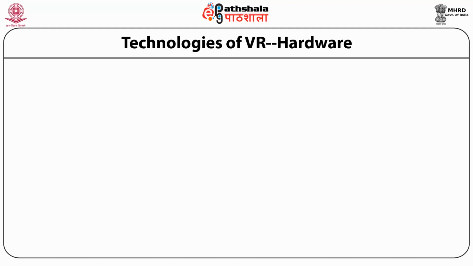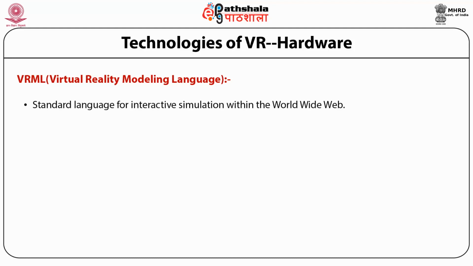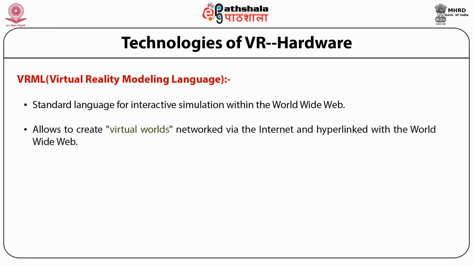Technology of VR software includes Virtual Reality Modeling Language. It consists of a standard language for interactive simulation within the World Wide Web. It allows creating virtual worlds networked via the internet and hyperlinked with the World Wide Web.